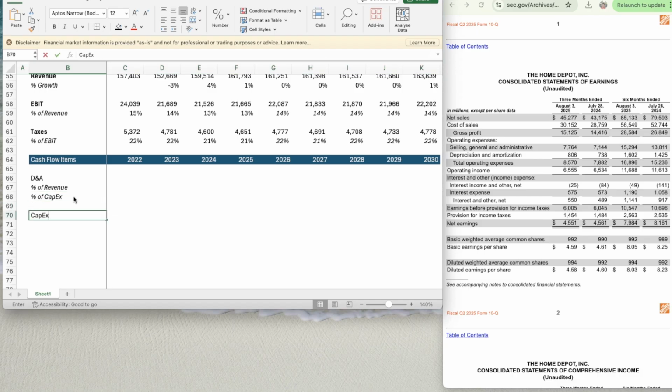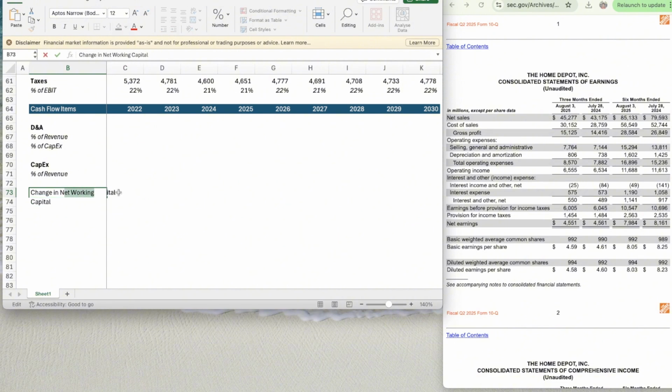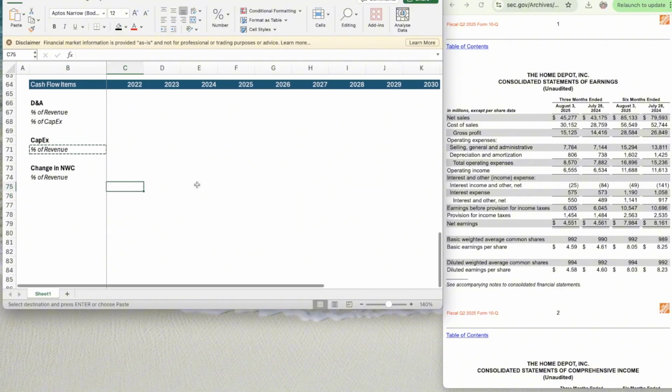The CapEx, and the change in net working capital. For now I'm just going to call it change in NWC so that it fits. And okay, let's start building that out.